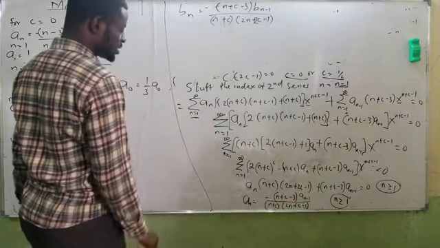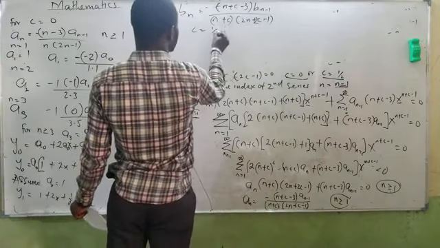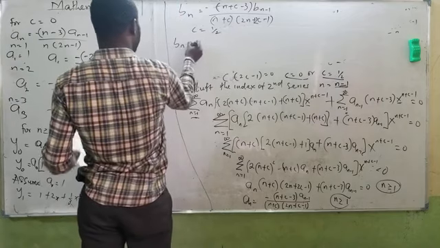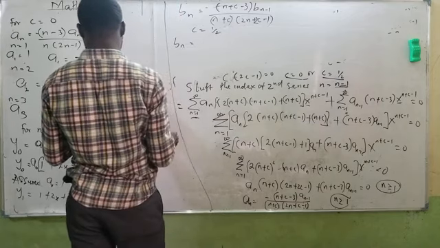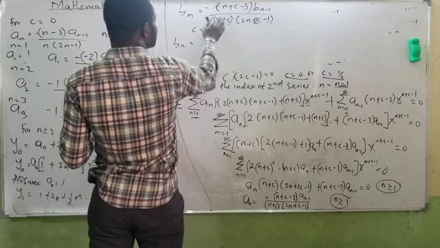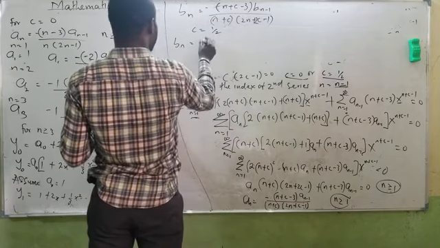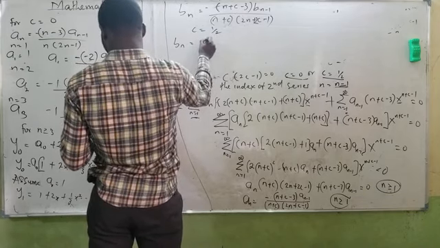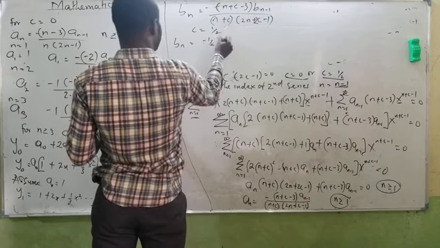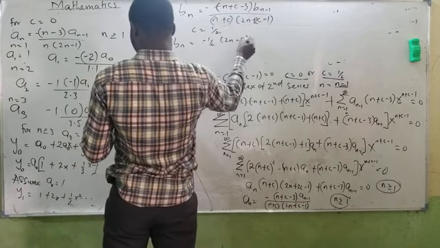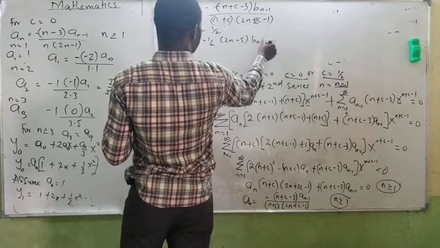Now my c is equal to what? My c equals 1 over 2. It means my b of n will be equal to 1 over 2 of this. It means I'll be having minus 1 all over 2 bracket of 2n minus 5. We have what? b n minus 1.